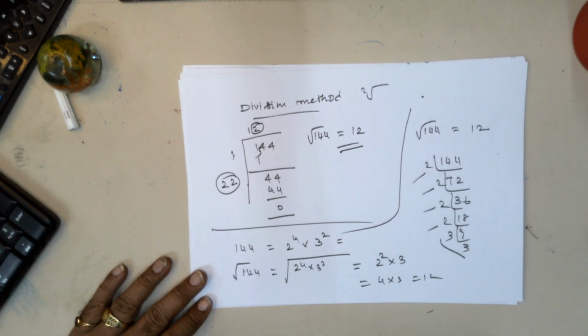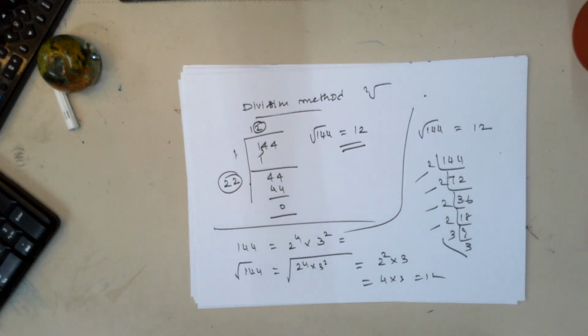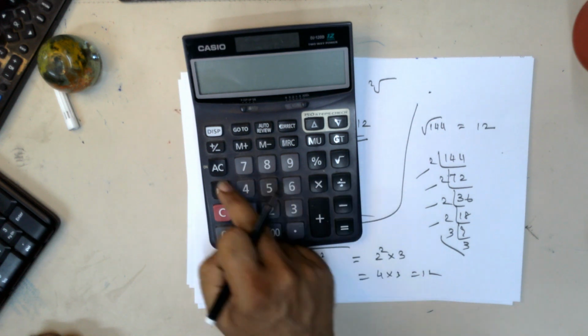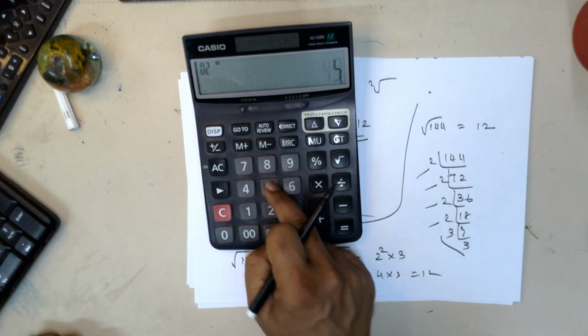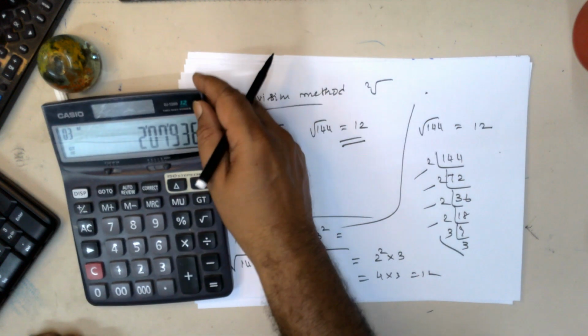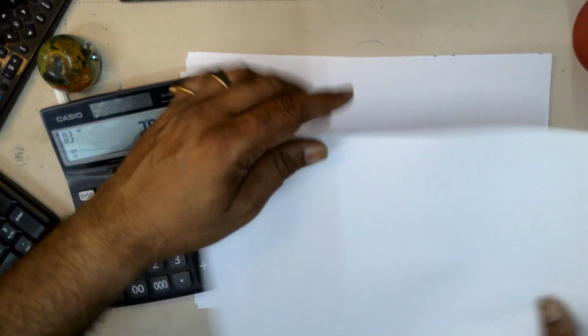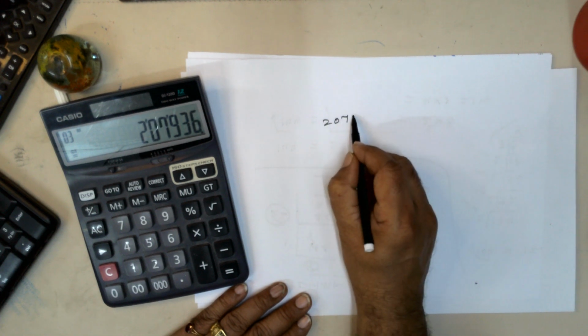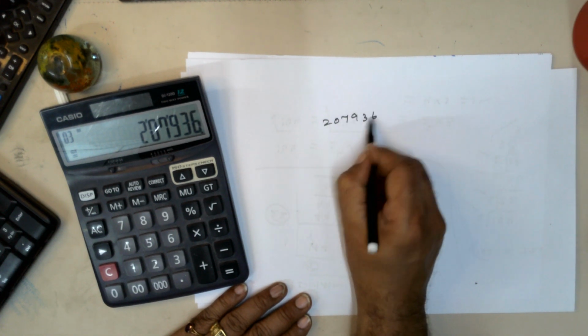Let me take up some other value also. Let me take, for example, 207936. Such a huge number. Let us attempt this.